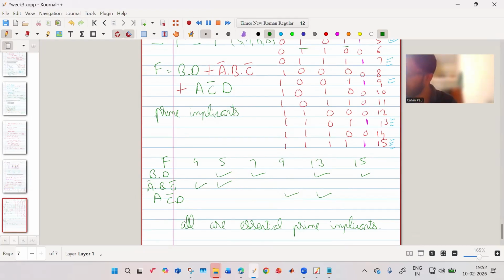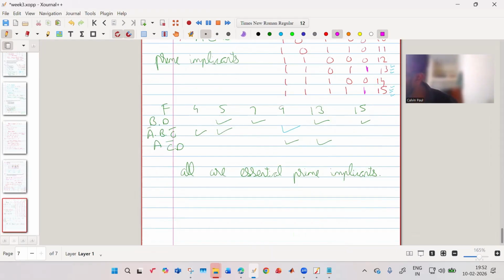But just assume there was a case where you had this also as an output, then what would be the essential prime implicants?